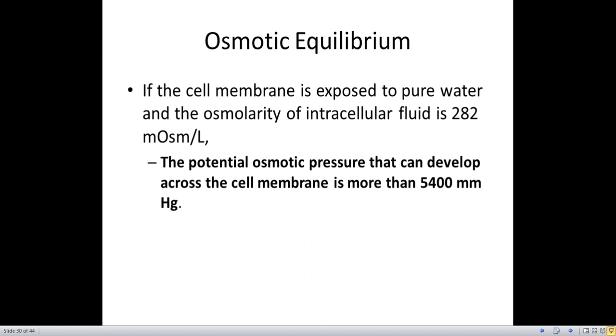This is a very huge value and shows the large force that can move water across the cell membrane when the intracellular and extracellular fluids are not in osmotic equilibrium.